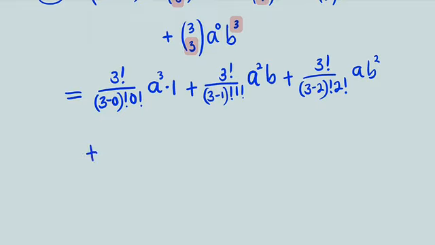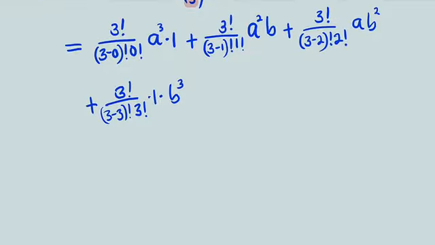Then the last term, 3 combination 3, that is 3 factorial divided by 3 minus 3 factorial, then 3 factorial. a has a power of 0, so it becomes 1, and b has a power of 3. So the next thing to do here is to simplify. And remember that 0 factorial is equal to 1 factorial, and all of them are equal to 1.